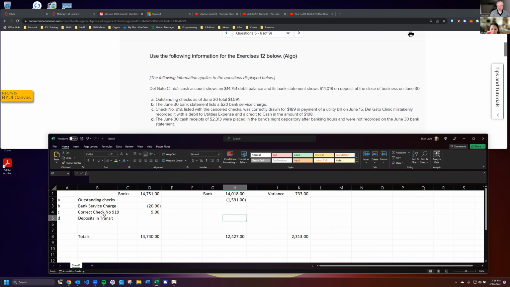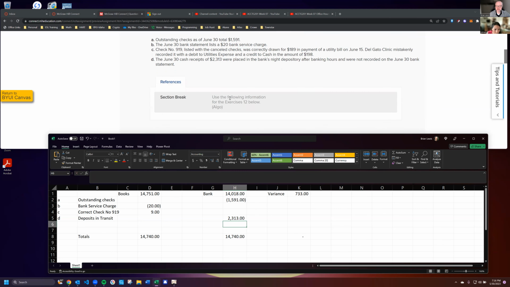Deposits in transit. So we recorded it but we went to the bank and we deposited it, but the bank didn't record it on their side. So it's 2313 over here. Oh, magic. Okay. Okay, let me see. Okay. So then, okay, yeah, got it. This 9. Yeah.